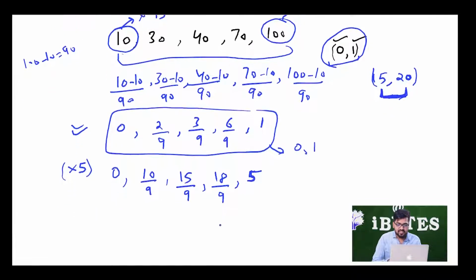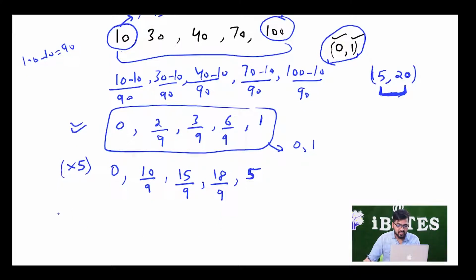Then there is the last step: just add 15 to it, that is add the minimum value. We are going to get 15 and the last one will become 20, and all these values are going to be between 15 and 20.